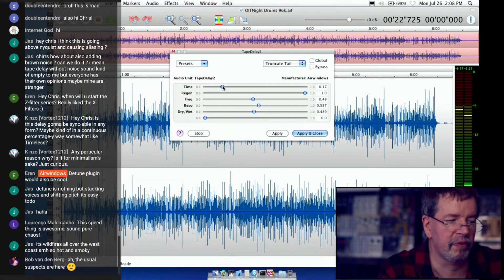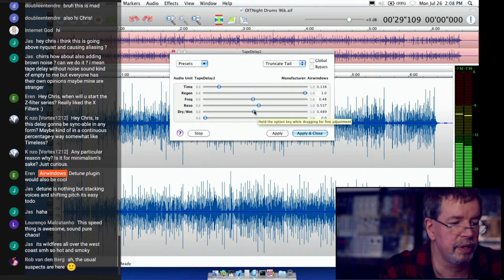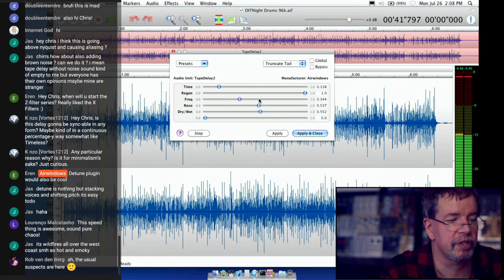There, now if we have it very resonant, it's got a more vibey quality to it. Very wide frequency range of adjustment.